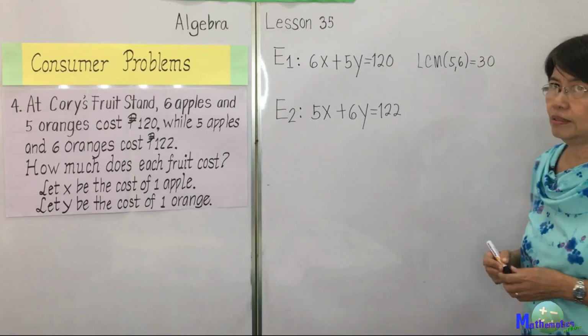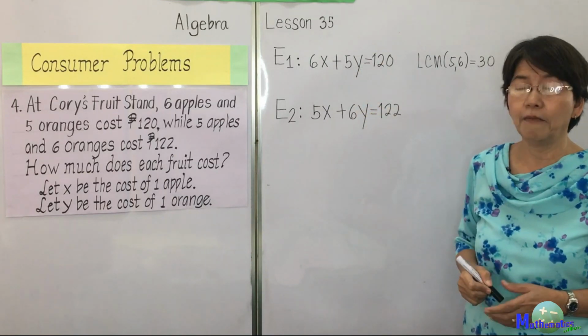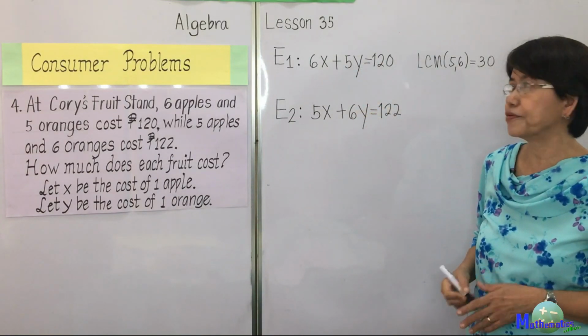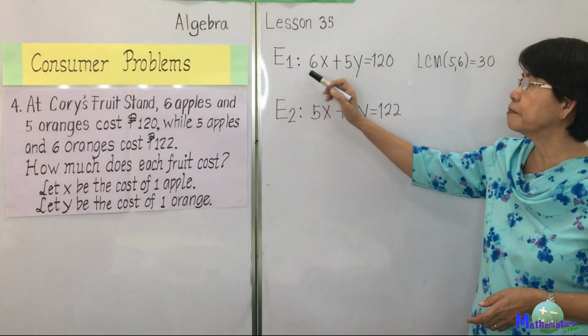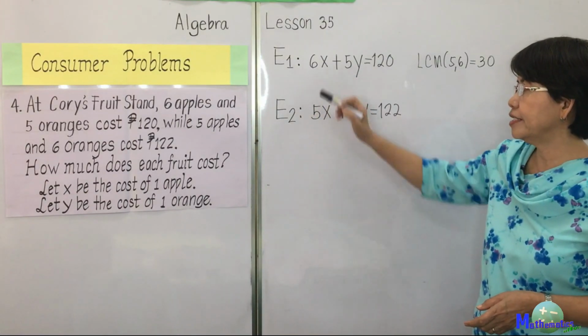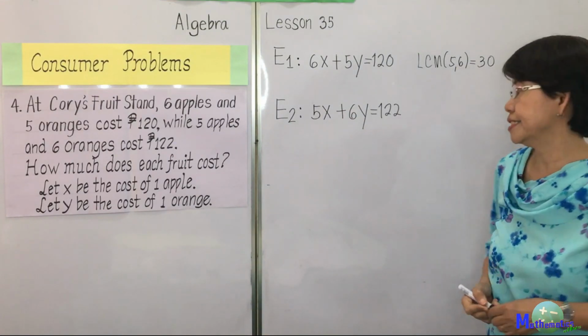So we will make the coefficient of x here as positive 30 and negative 30. To make this positive 30, we multiply equation 1 by 5, and here we multiply equation 2 by negative 6.